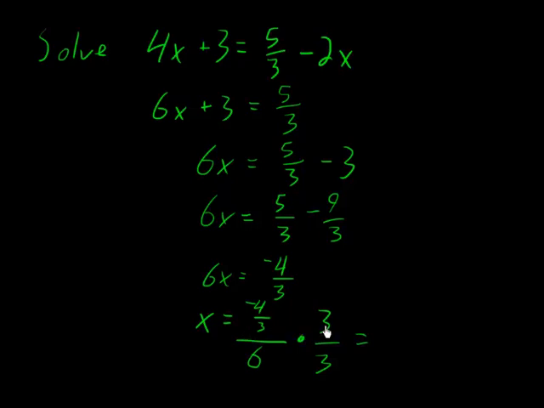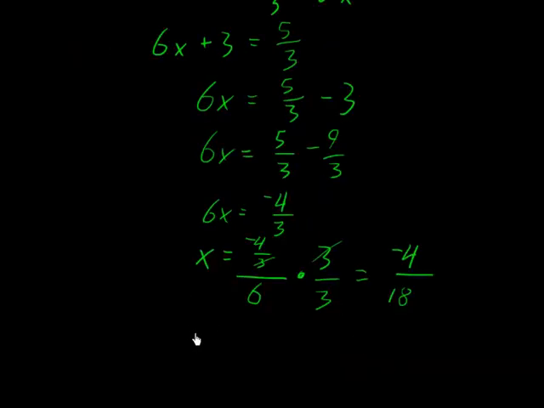Negative 4/3 times 3, the 3's cancel out. We just have negative 4 left over in the numerator. 6 times 3 is 18. And we end up with x equals, we reduce this fraction, x equals negative 2/9.